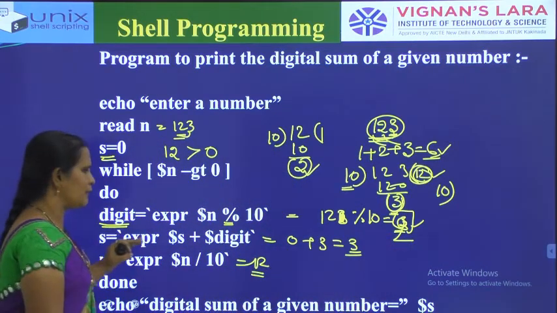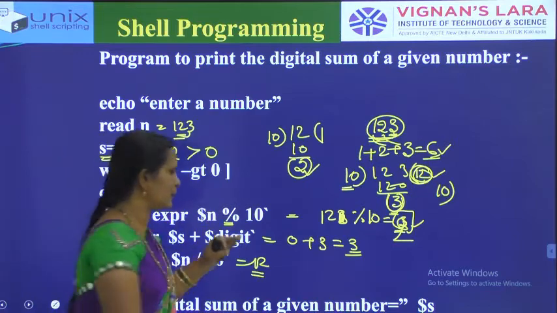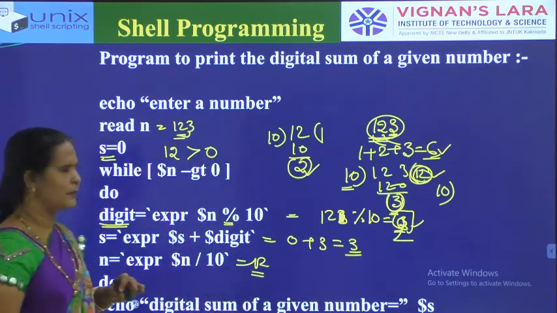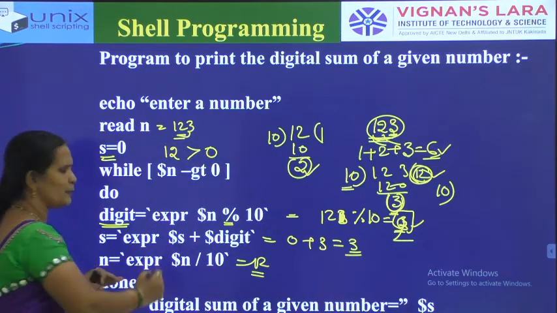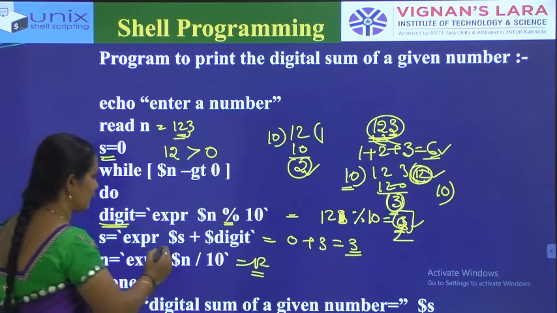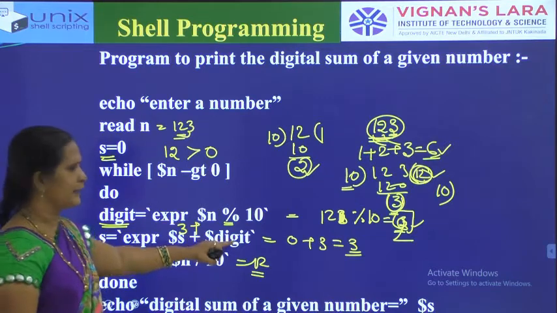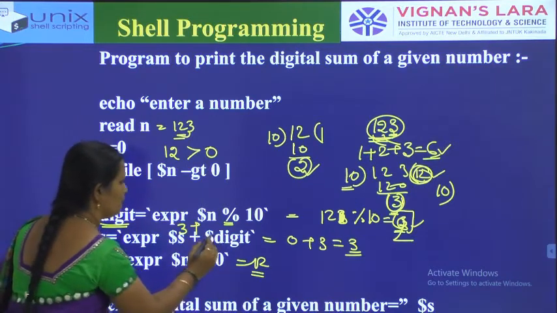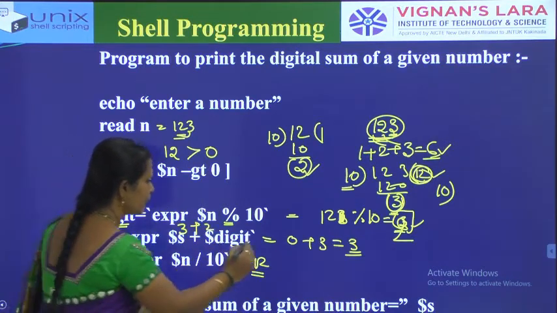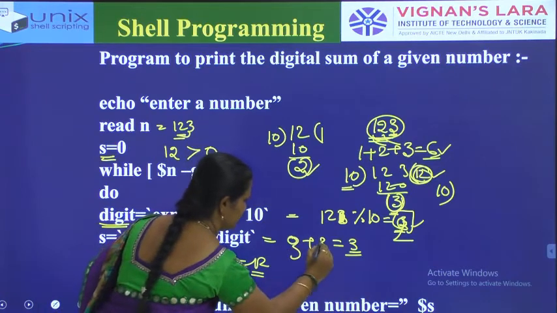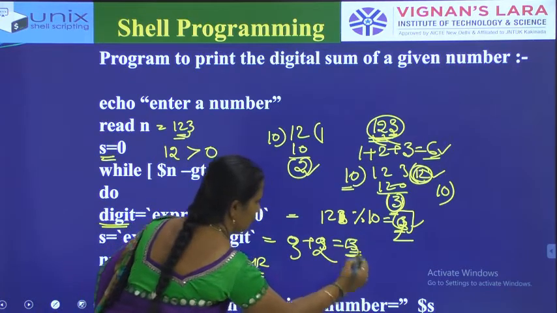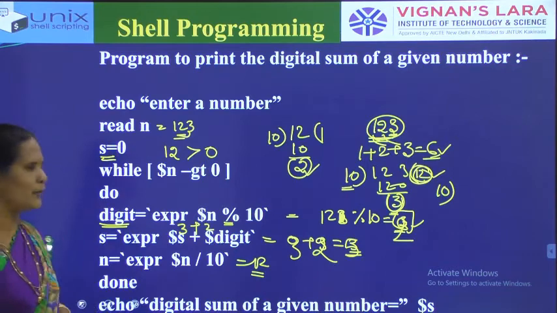Next, s is equal to, already sum contains 3. s is equal to expr $s, which means 3 plus the new value of digit, which is 2, which is equal to 5. 3 plus 2 is 5.